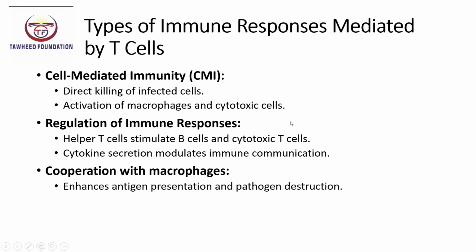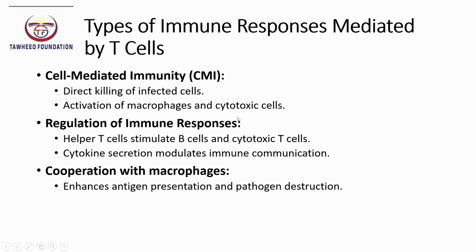Next is types of immune responses mediated by T cells. T cells mediate cell-mediated immunity, that is CMI, by directly killing infected cells and activating other immune cells such as macrophages and cytotoxic cells.